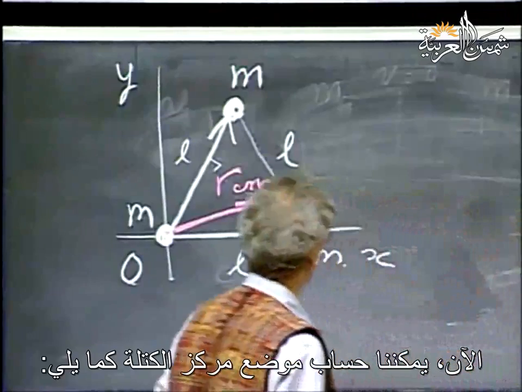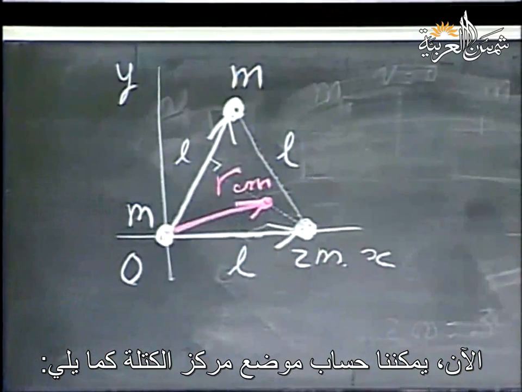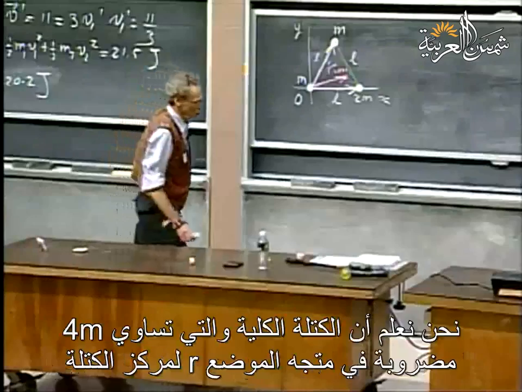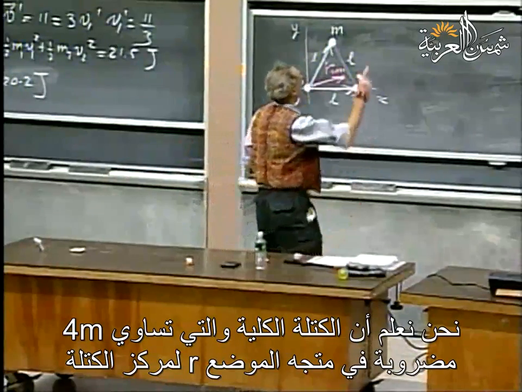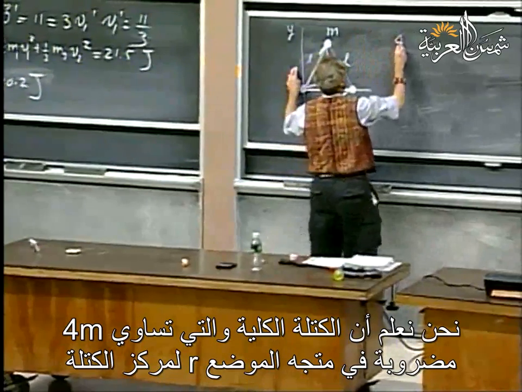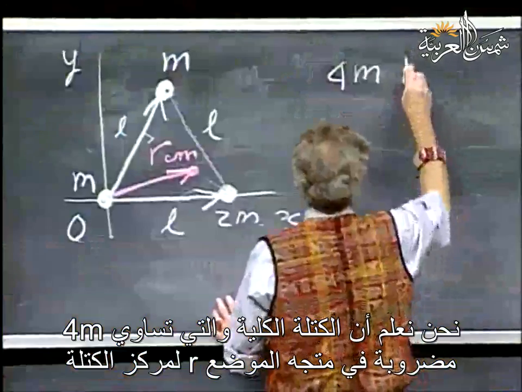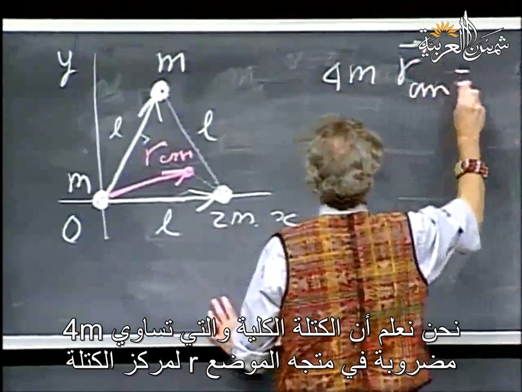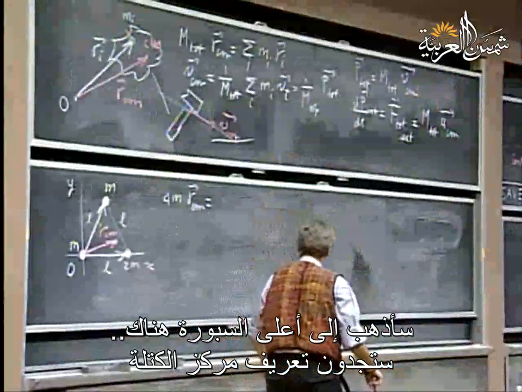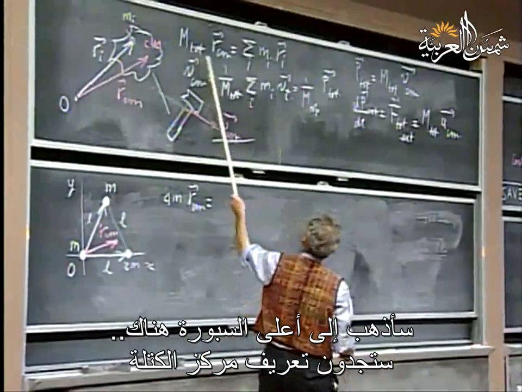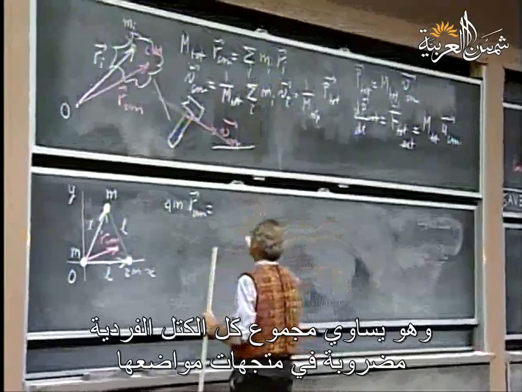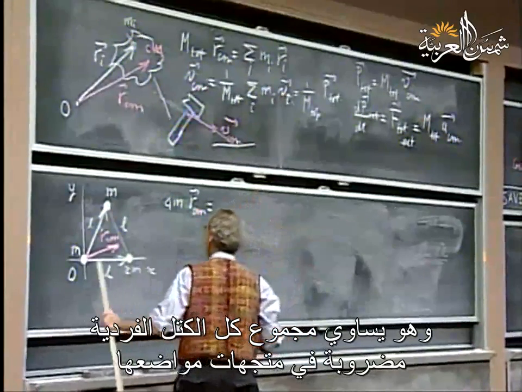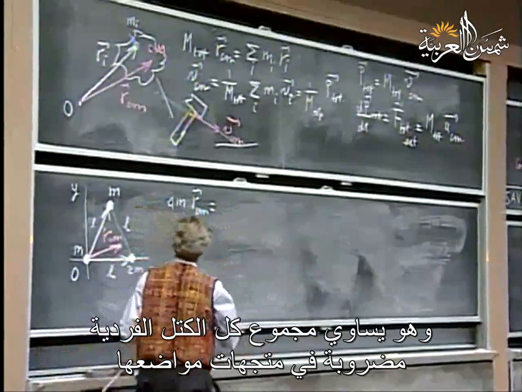And so now we can calculate the position of the center of mass as follows. We know that the total mass, which is 4m, times the position vector of the center of mass, that's my definition for a center of mass, equals the sum of the individual masses times their position vector.